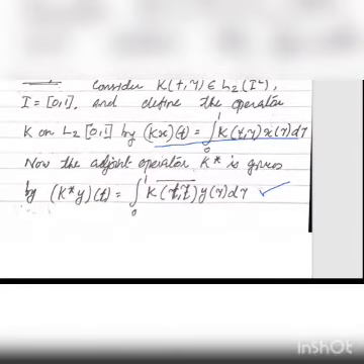So you are defining your k of x in this fashion. Now the adjoint operator k star is given by k star y of t equal to integral 0 to 1 k of t tau bar, the conjugate, into y of tau d tau. We want to prove this. So we will prove that the adjoint operator of A is this one.